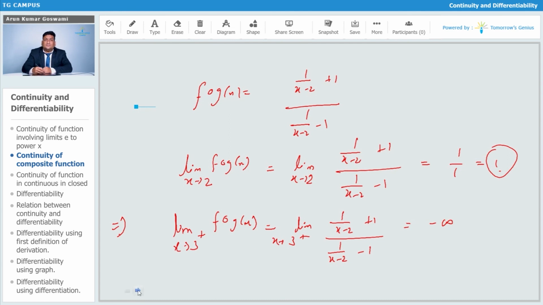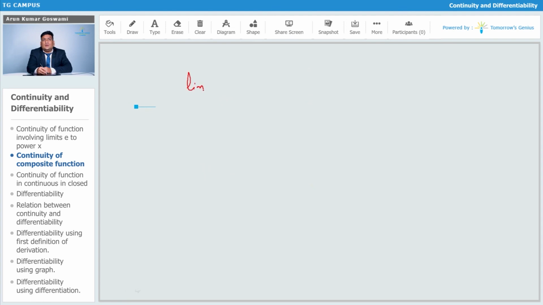And for limit x tends to 3 negative of fog of x, when we solve this, we get infinity only.